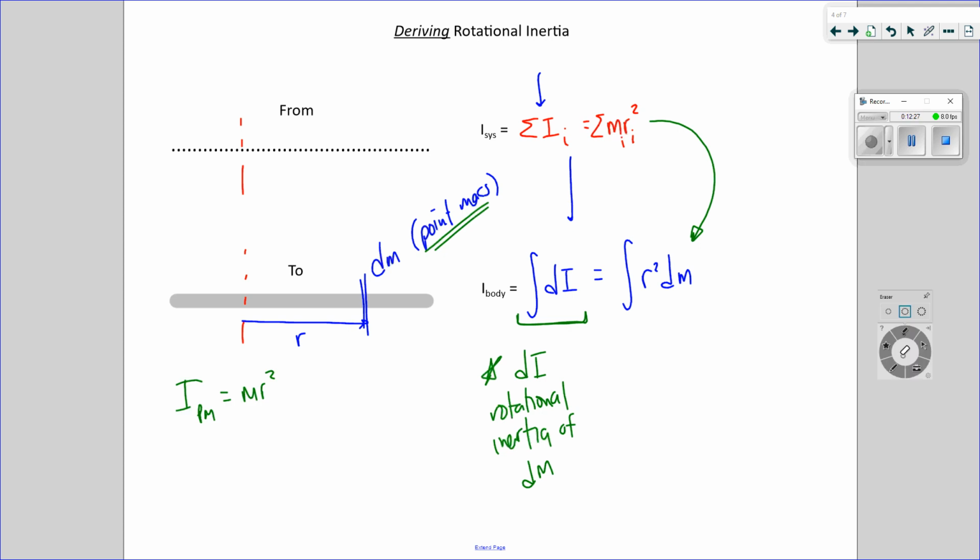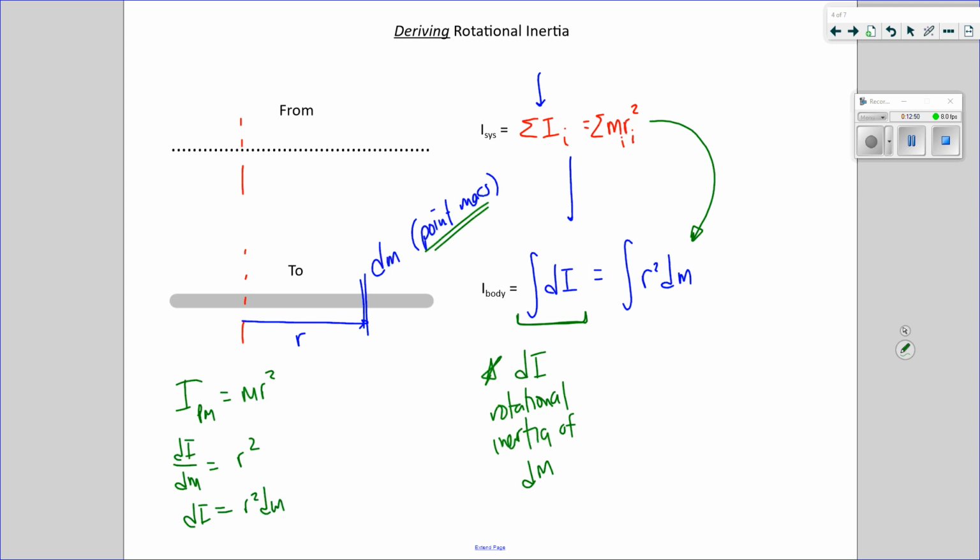Quite literally, if we say I of a point mass is mr squared, we can differentiate that expression with respect to m because we want to get a dm. So watch, dI/dm is r squared, and therefore dI is r squared dm.